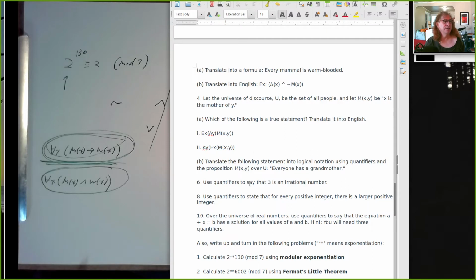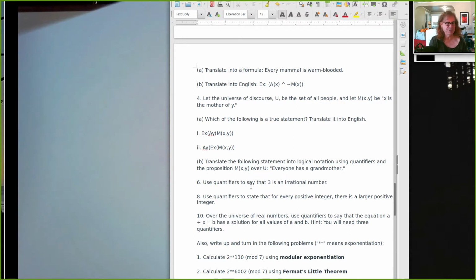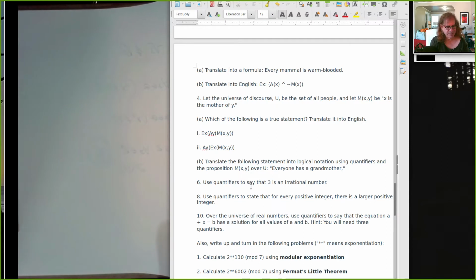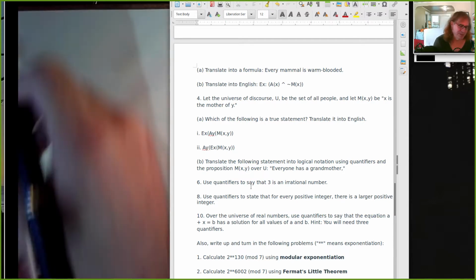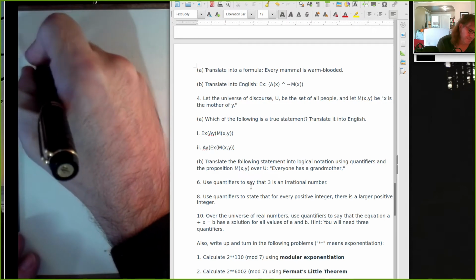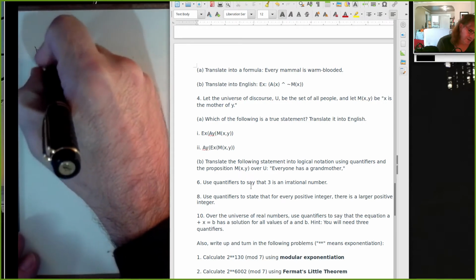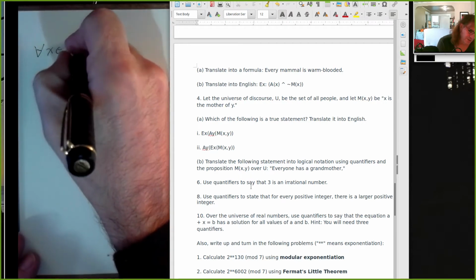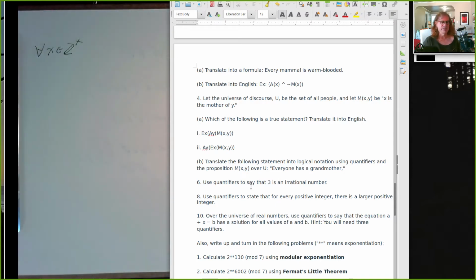All right. Question 8. Use quantifiers to state that for every positive integer, there is a larger positive integer. So let's just translate that pretty directly without a lot of interpretation. For every positive integer, so for all x contained in, and let me use Z plus to mean positive integers.